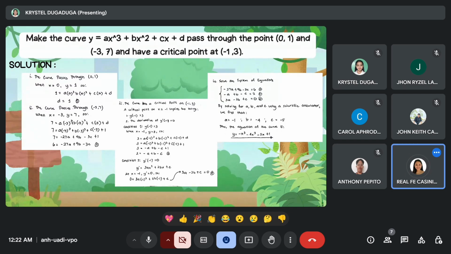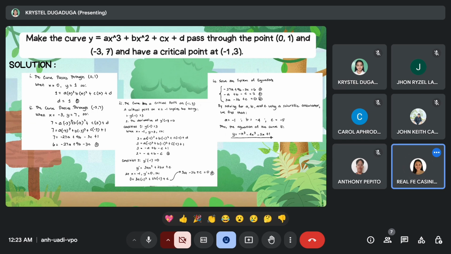And then condition 2, y prime of negative 1 is equal to 0. From the given equation y, the derivative is 3ax squared plus 2bx plus c. Substituting x equal to negative 1 and y prime equal to 0, we have 3a minus 2b plus c is equal to 0.